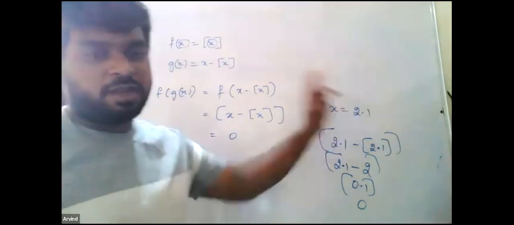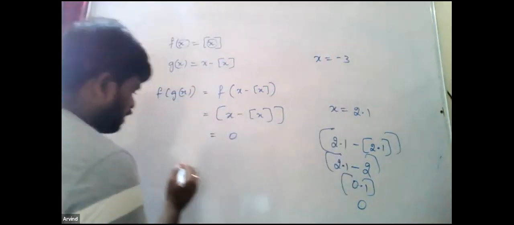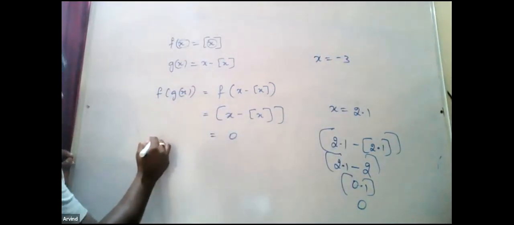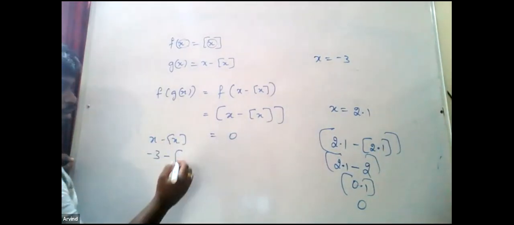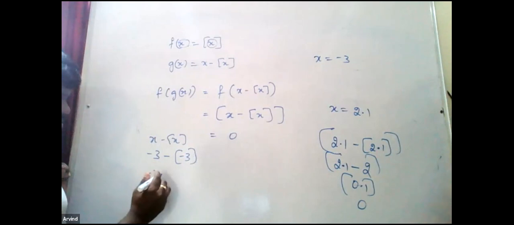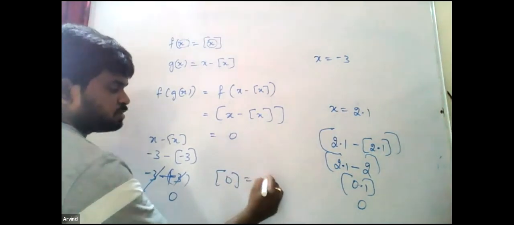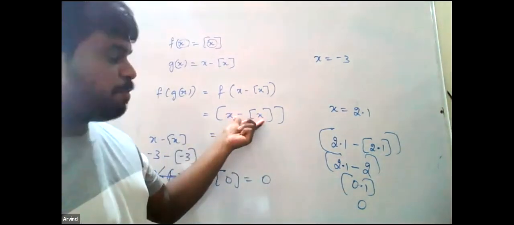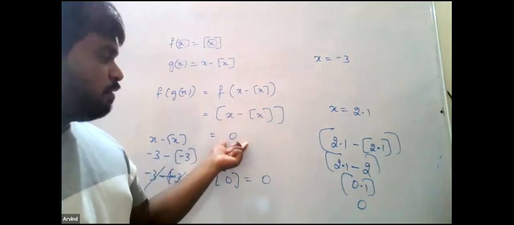You can take any number, even a negative number. Let's say x is -3. First find x minus greatest integer: -3 minus the greatest integer of -3, which is -3 itself. Minus into minus becomes plus. -3 plus 3 cancels to 0, and the greatest integer of 0 is 0 itself. You take any value, this represents a small fractional part, therefore the greatest integer of that will always be 0.